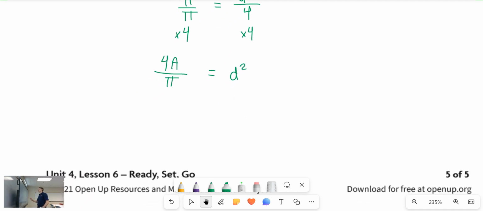And then the last step, and this is pretty hard, definitely the hardest step, is if we have d squared, the way to undo a square is to square root. This goes back a couple units now, but the way to undo a square is to square root.